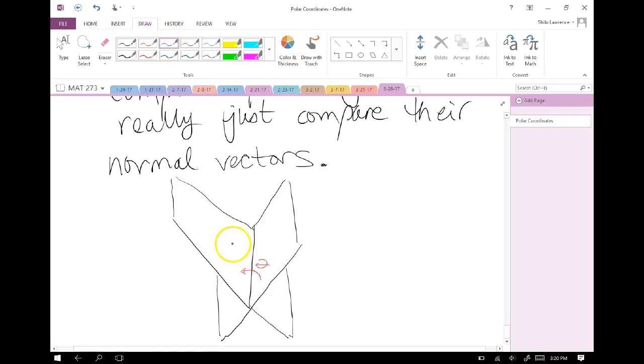the normal vectors for those planes would have the exact same angle between them.